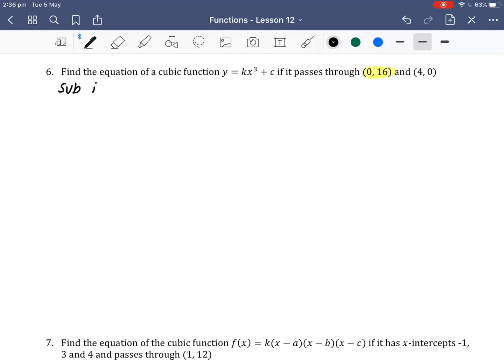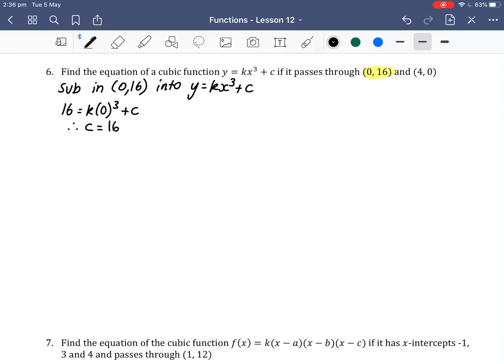So let's sub in the point 0, 16 into y equals k x cubed plus c. So we have 16 equals k times 0 cubed plus c.